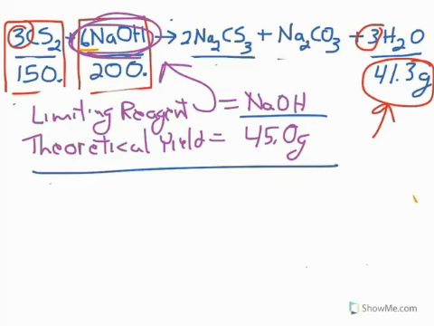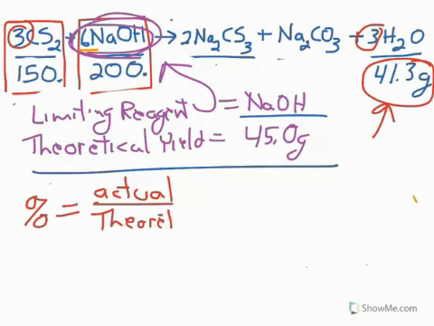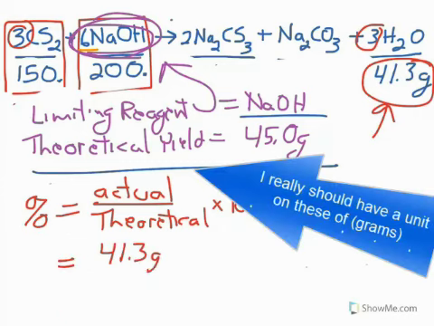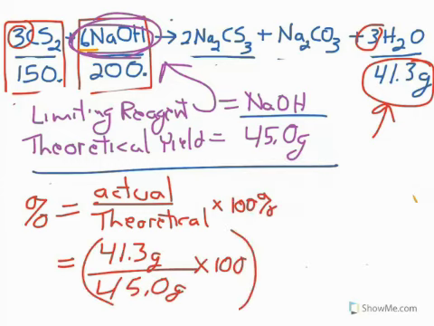So the percent yield is going to be the actual over the theoretical times 100%, and that is 41.3 grams divided by 45.0 grams times 100. And that gives us 91.8%.